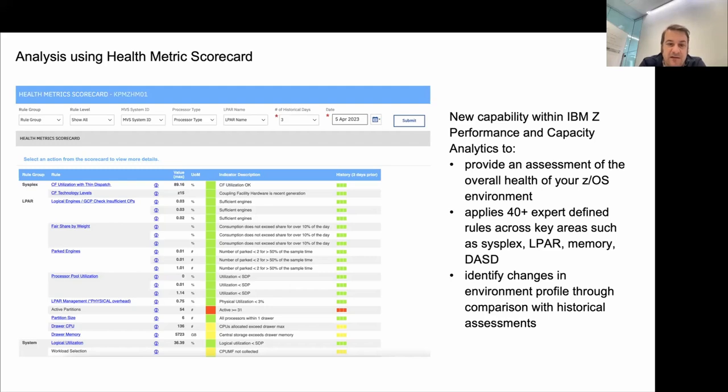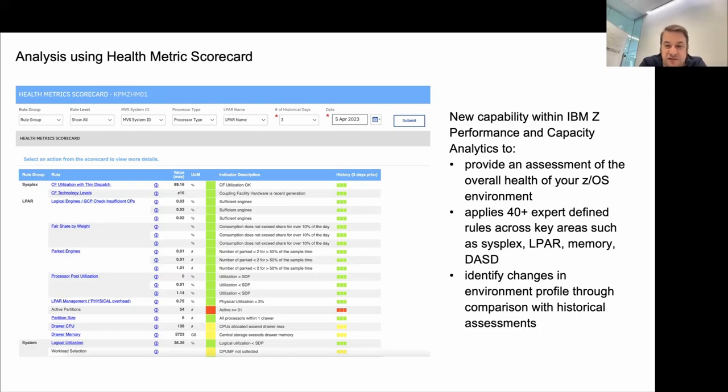And what we're building out is a better user experience around how to interpret that and assist you in interpreting that information. One of those key areas is what we call the health metrics scorecard. What it does is it applies a set of rules around the key areas of the environment in order to provide a health view of your overall z/OS environment.